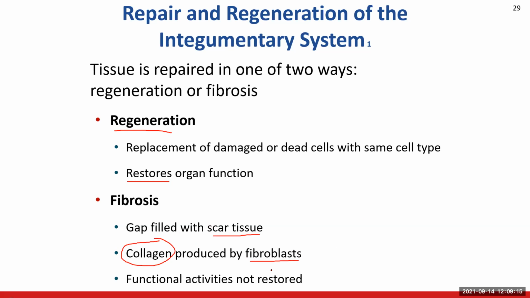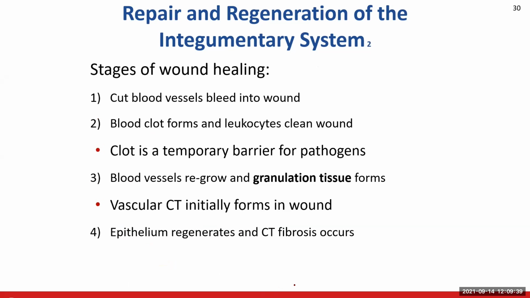And so we do not restore function. Okay, regeneration restores function. All right, fibrosis does not. Regeneration replaces those dead or damaged cells with the same cell type. Fibrosis does not. It replaces it with scar tissue, which is collagen.